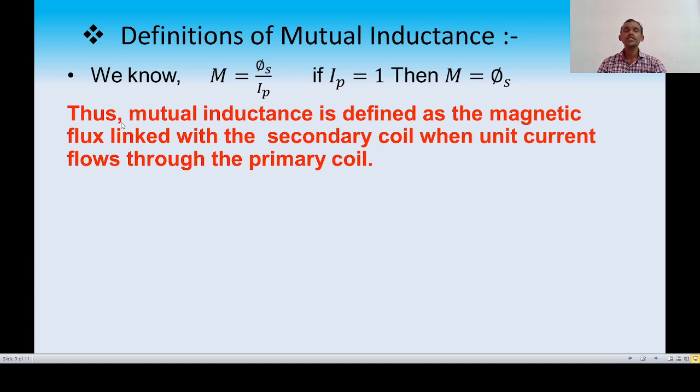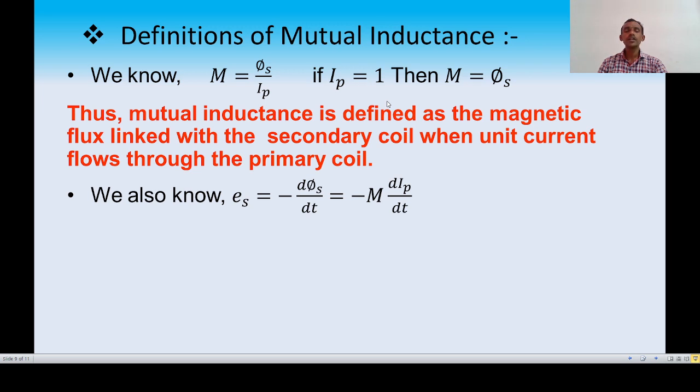That is, mutual inductance is defined as the magnetic flux linked with the secondary coil when unit current flows in the primary coil. Now also, the induced EMF in the secondary coil, by Faraday's law, is ES equal to minus d phi s divided by dt, and putting the value of phi s, we get ES equal to minus M into dIP divided by dt.